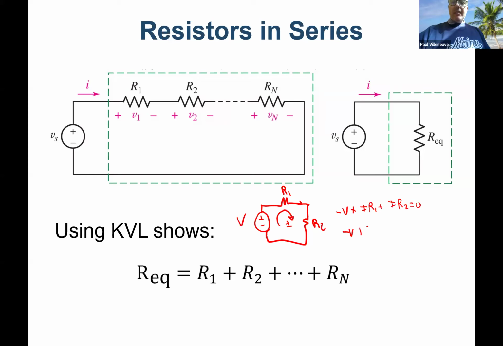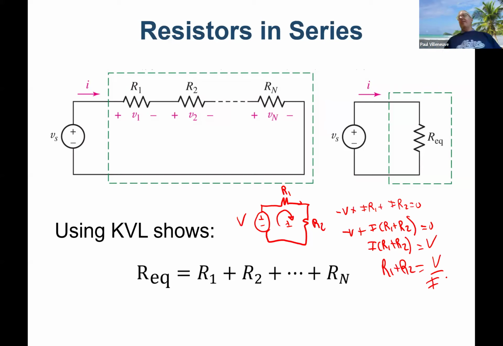Negative V plus I times R1 plus R2 equals 0. If I bring the V to the other side, R1 plus R2 equals V over I. Does everybody agree with that?